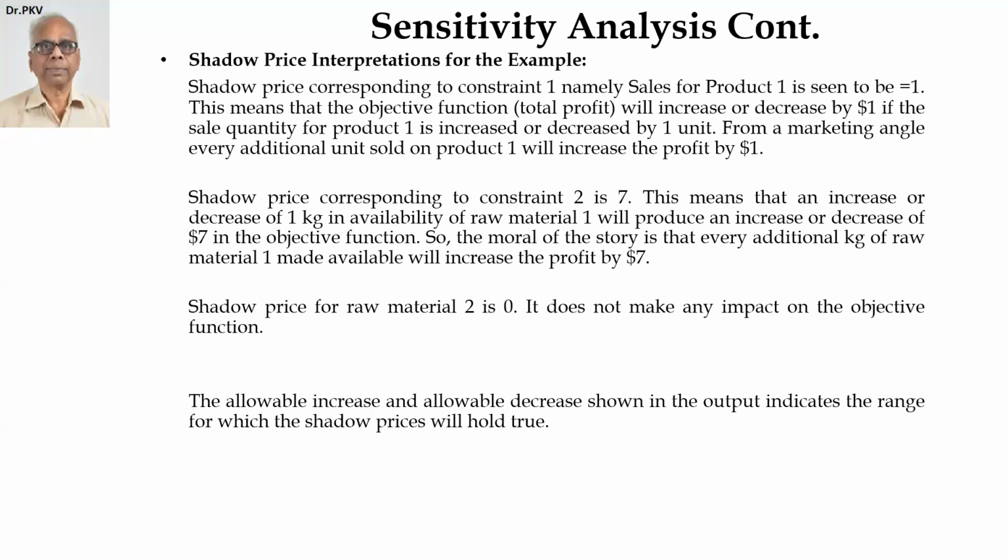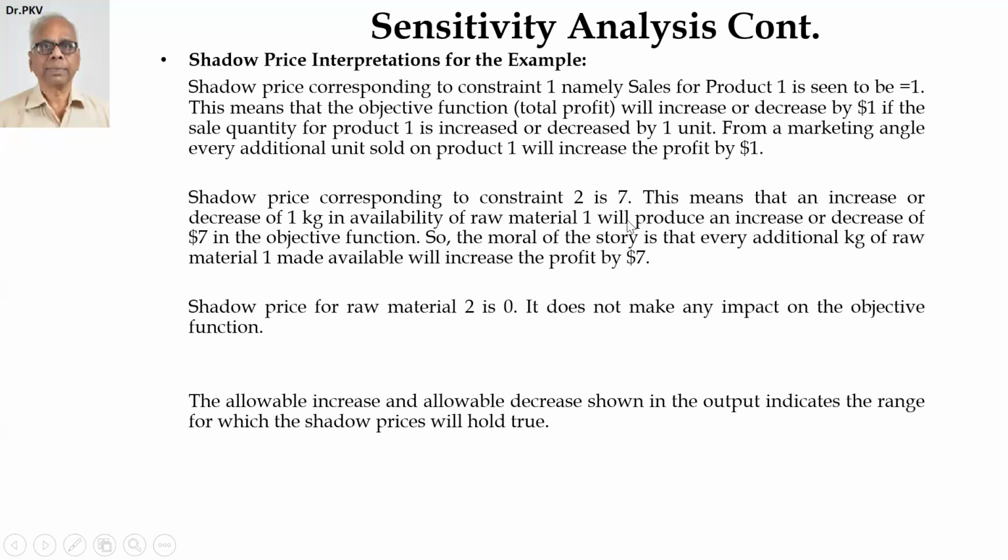In other words, if the sales demand is increased from 4 units to 5, the total profit will increase by $1. Right now you are getting $130, you will get $131. So naturally you won't like to decrease the sales. This tells you a story.